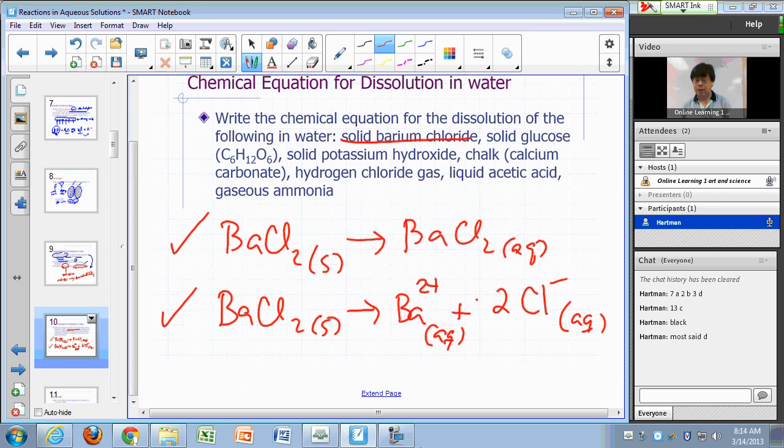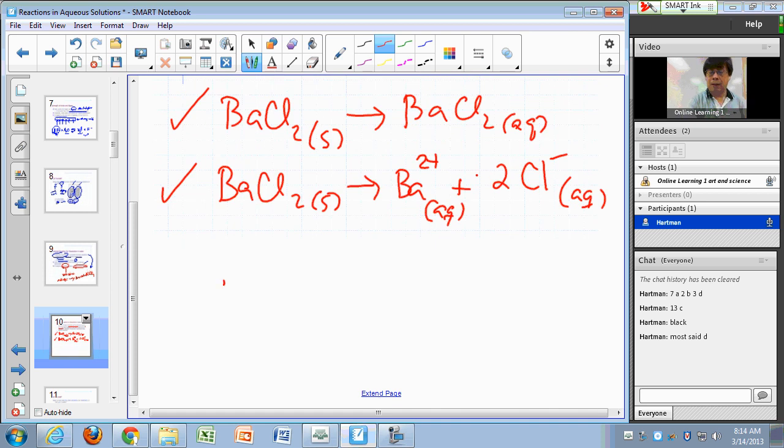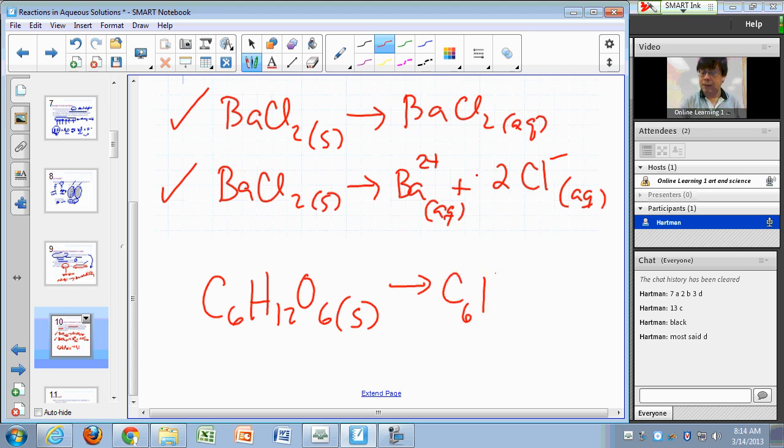Let's look at the second one here. It says solid glucose, C6H12O6. Now, what do we know about glucose? Based on the formula, C6H12O6, it will dissolve in water, so you write it as C6H12O6 aqueous.